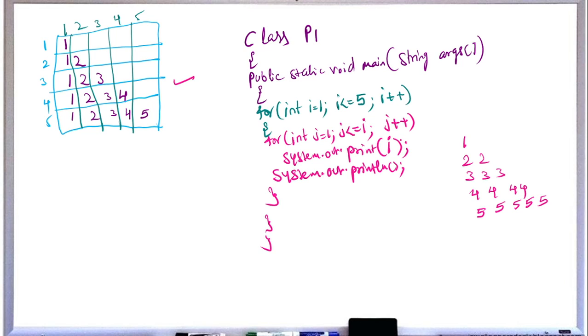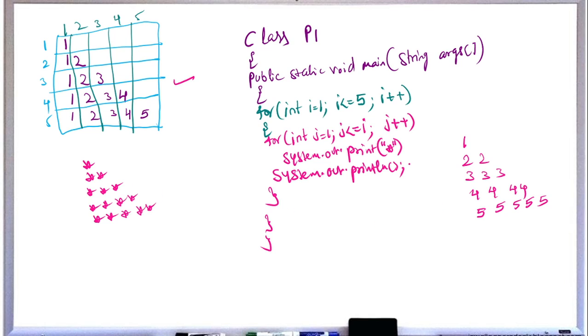If you give a star in double quotes instead of i, then it will print first 1 star, next 2 stars, next 3 stars, next 4 stars, next 5 stars.